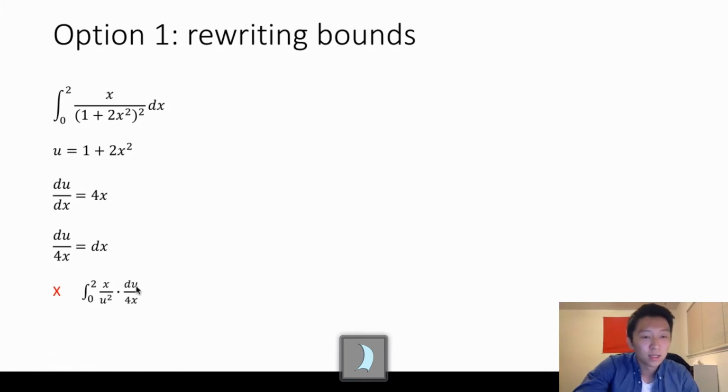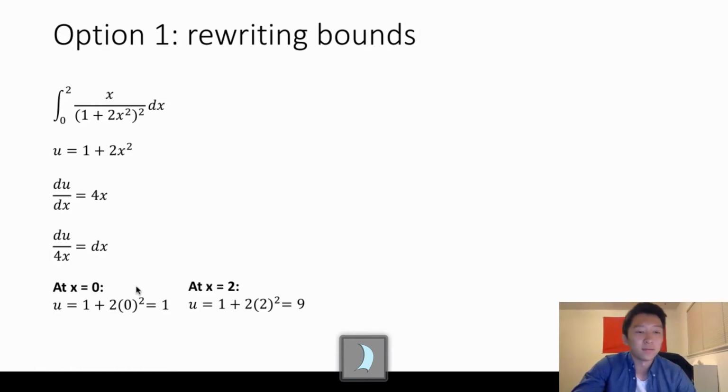So the option here is to rewrite the bounds. To do that, you substitute x equals 0 into your u function for the bottom bound to get u equals 1, and then substitute x equals 2, the top bound, to get u equals 9.